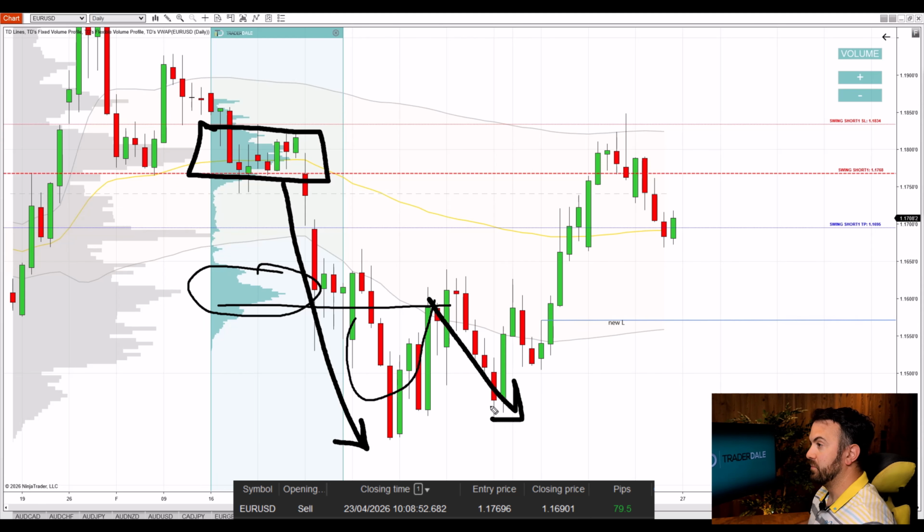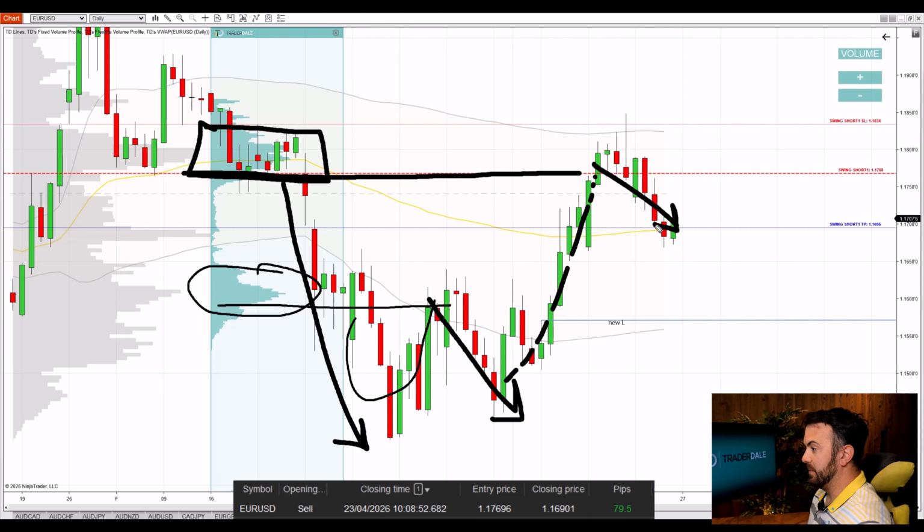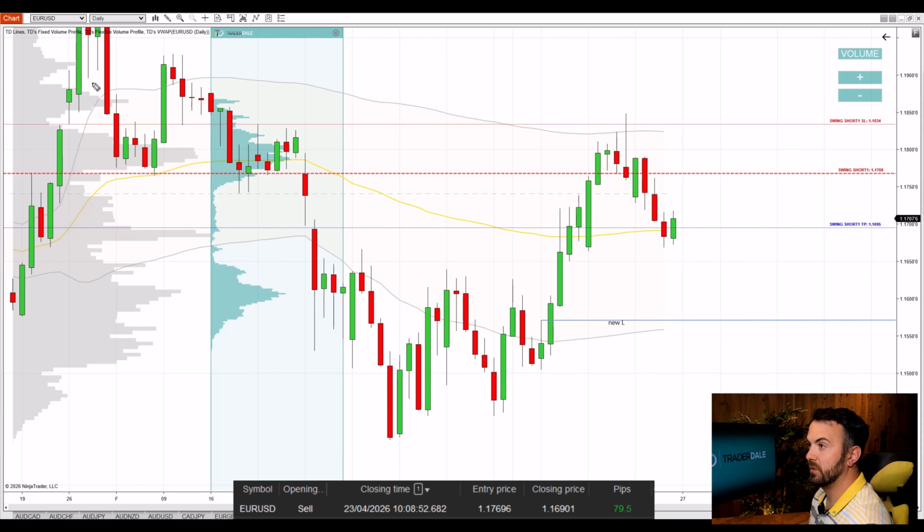So the idea behind this short level, behind this short trade was basically the same. Wait for the pullback, and when the price reaches the beginning of this heavy volume cluster, then go short from there. Additionally to this volume profile setup, there was also a price action setup, and it was that the price reacted to this level in the past, right?